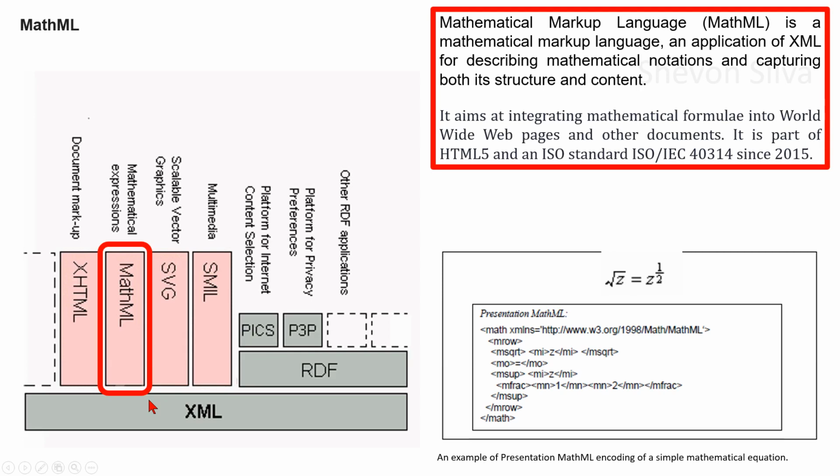It is a part of HTML5 and an ISO standard, ISO/IEC 40314 since 2015. Here you can see an example of presentation MathML encoding of a simple mathematical equation. This is the equation and this is the relevant code here.